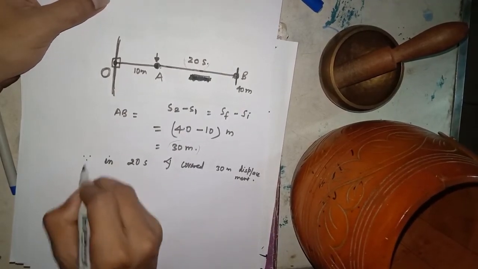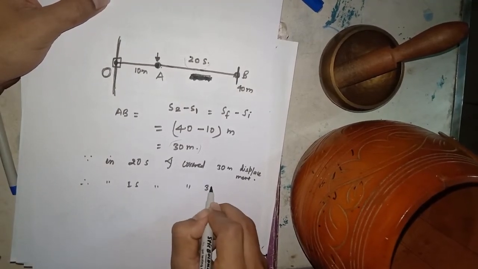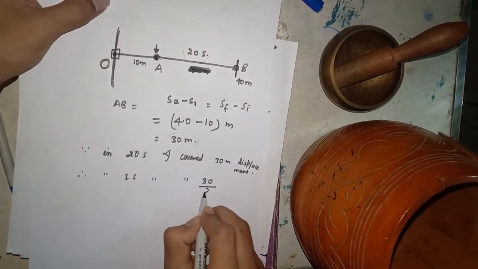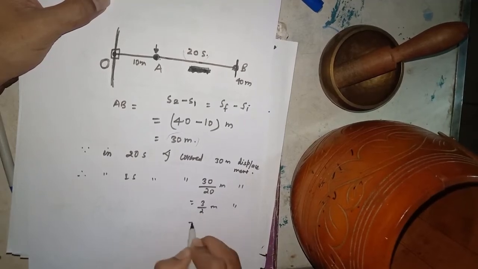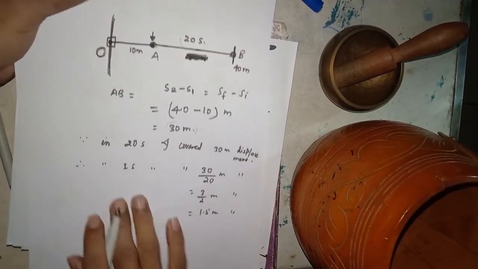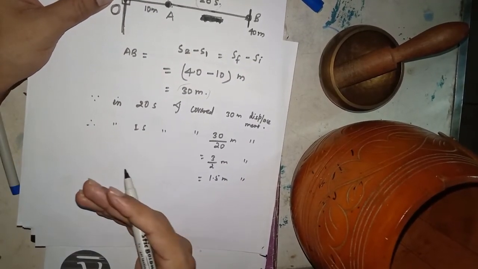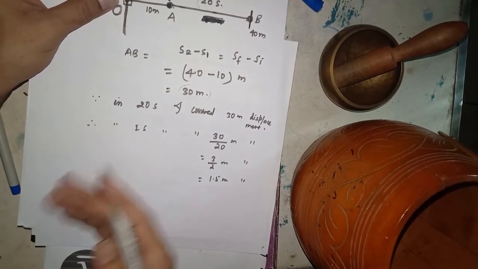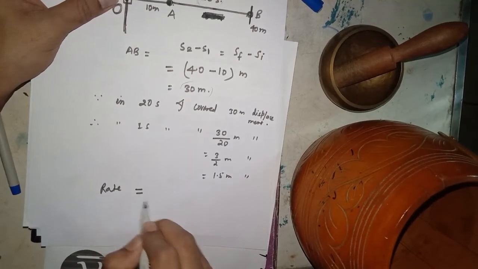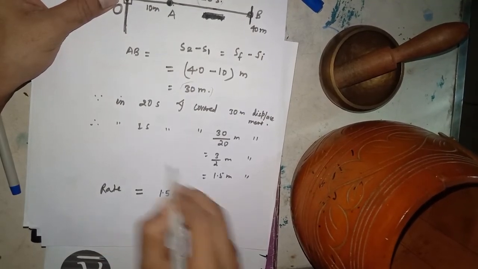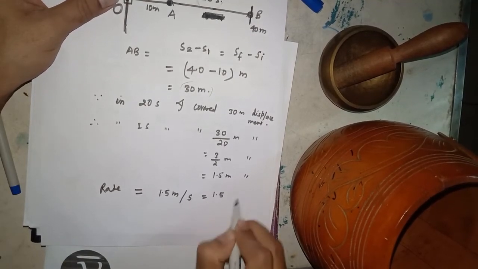So by unitary method, you can say in 1 second, I covered 30 by 20 meter displacement, that is 3 by 2 meter, that is 1.5 meter. So if somebody asks what is your rate of motion, I will give the answer that my rate is 1.5 meter per second.